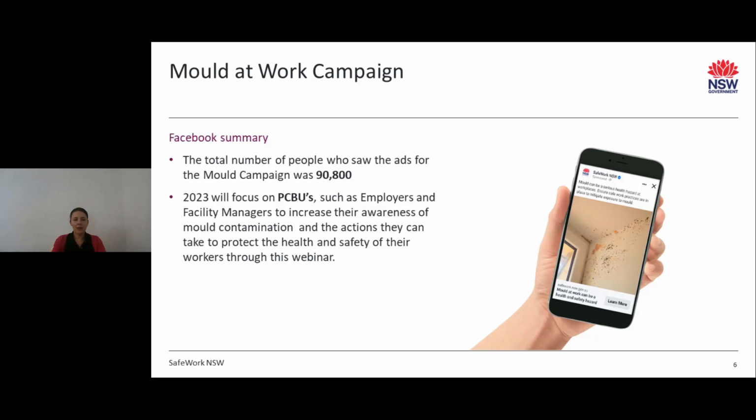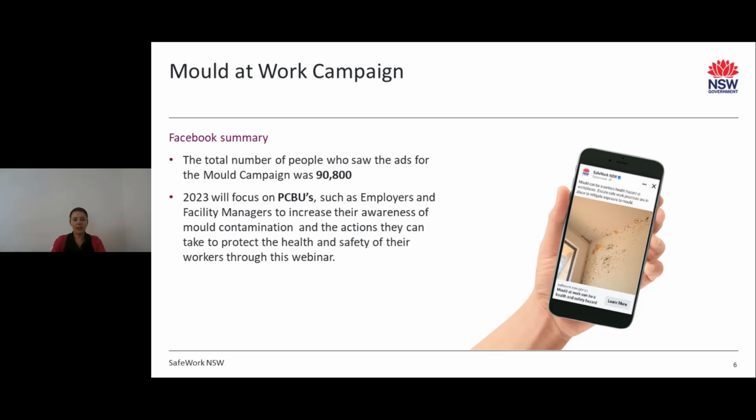Here's a summary of the Mould at Work campaign. As mentioned previously, the campaign ran for a month in 2022 with 90,800 people seeing the ads. The campaign ran at the time when several local communities were involved in cleanup operations of their cities and towns after flooding, and mould was identified as a risk during this time.